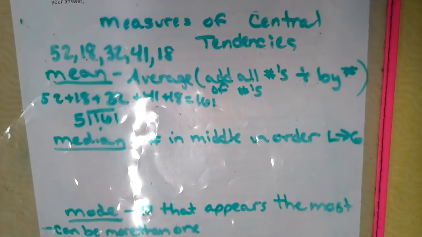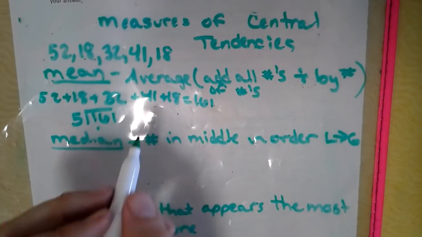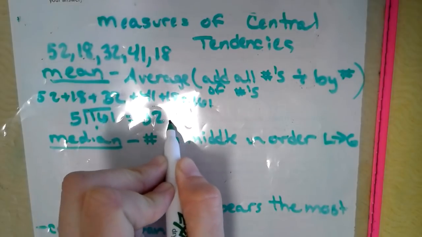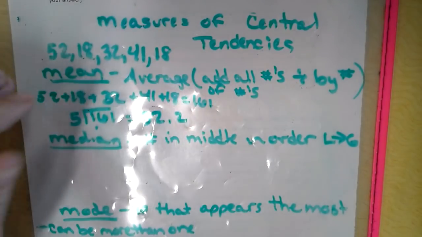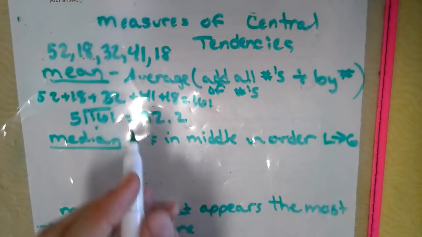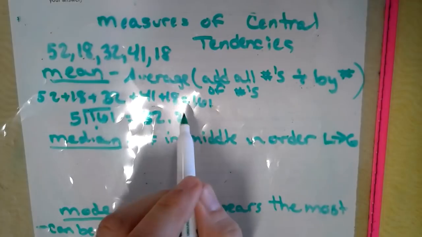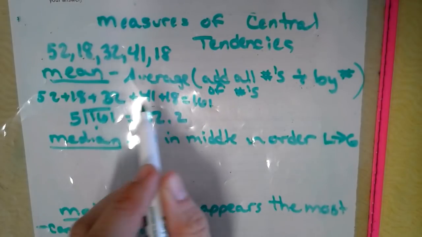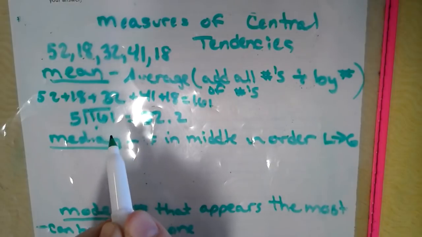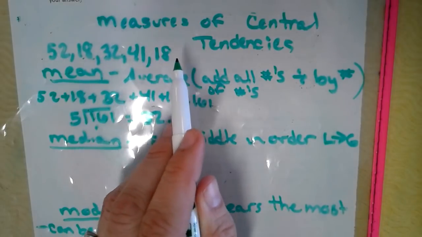When we take 161 and divide it by 5, we get the answer of 32 and 2/10. And 32 and 2/10 is how we find the mean right there. So we add them all up, get a number, and divide it by how many numbers there are.